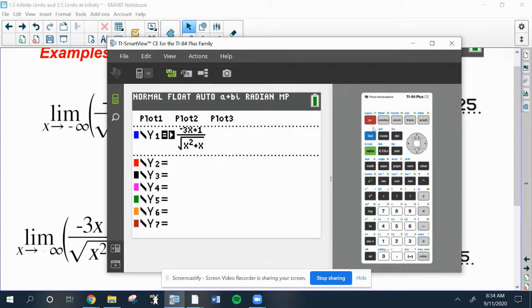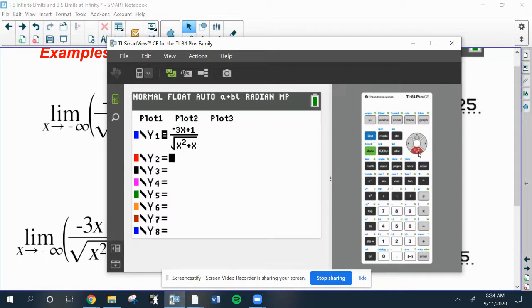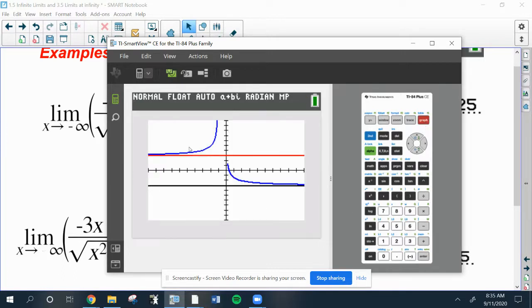If you want to make that more clear, I'll actually type in the 2 asymptotes. y equals 3, and then y equals negative 3. You can see those functions clearly approach the asymptotes.